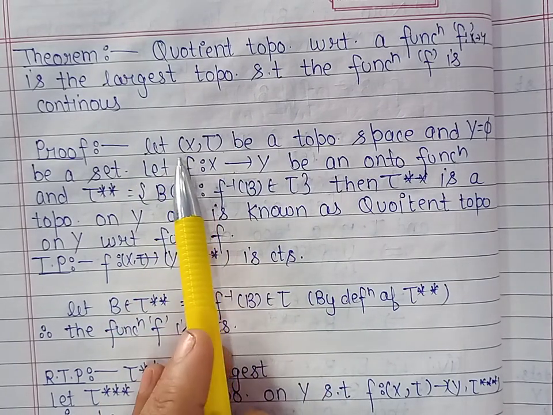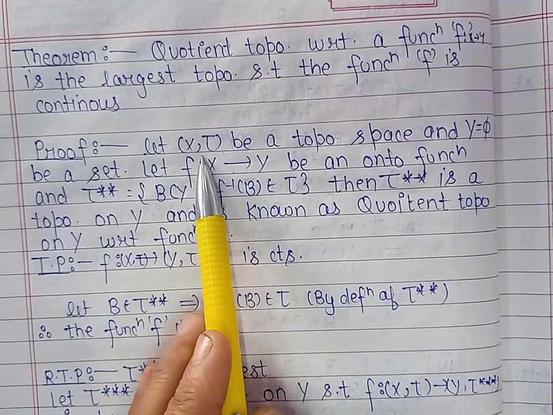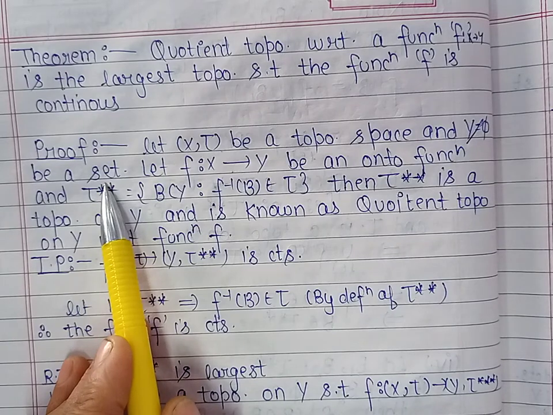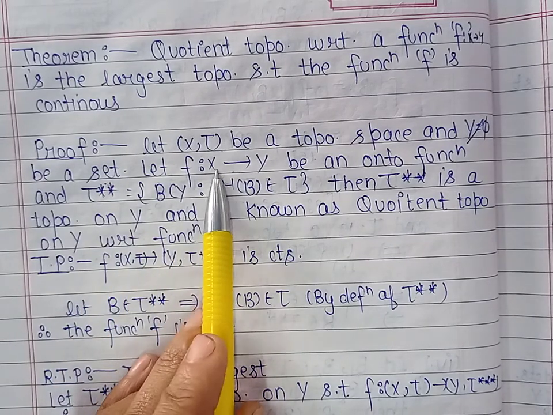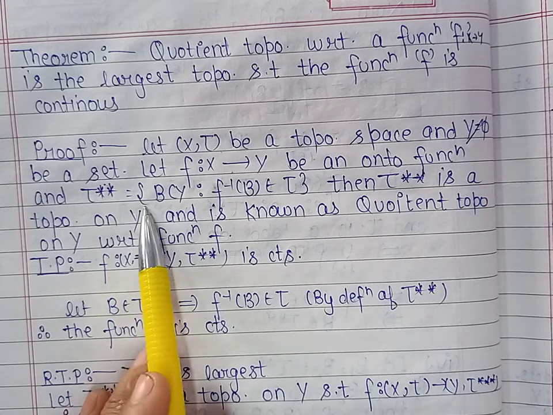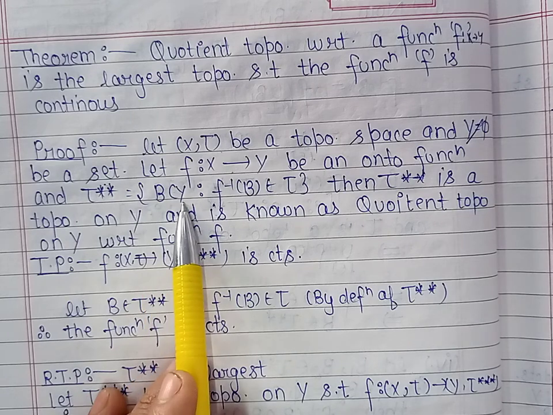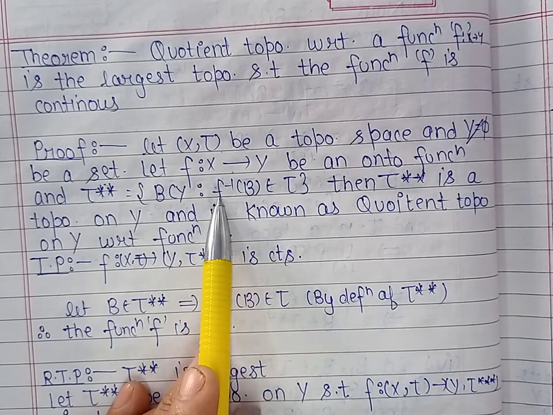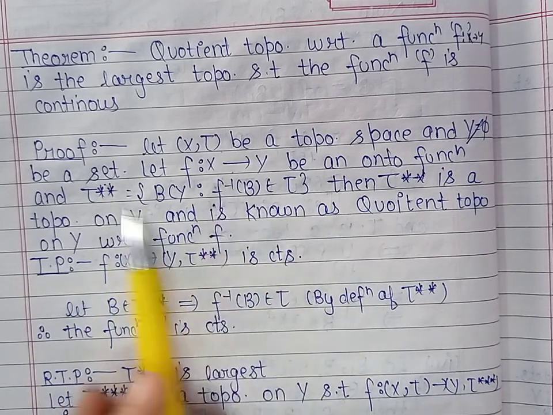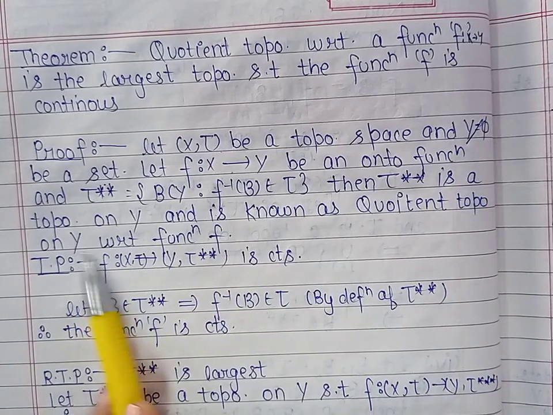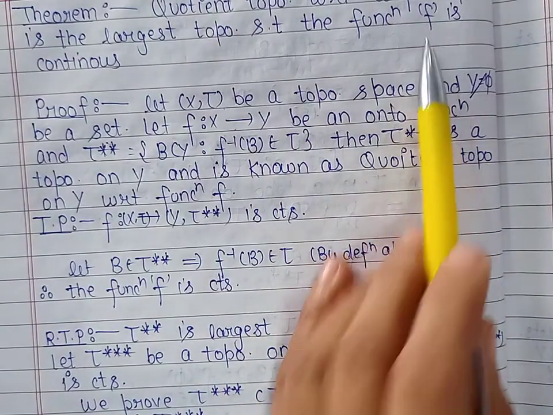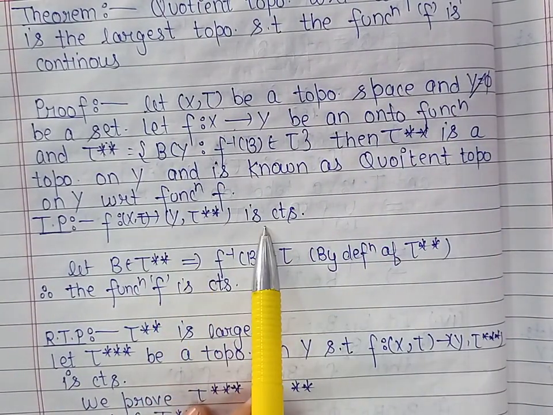So let us take a topological space (X, tau) and Y a non-empty set, and we define an onto mapping f from X into Y, and we define the quotient topology as we discussed earlier, the collection of all those subsets of Y whose inverse image under the function f belongs to the topology of X, and this is the quotient topology on Y with respect to the function f. Now we are to prove that this function f from X into Y is a continuous function.